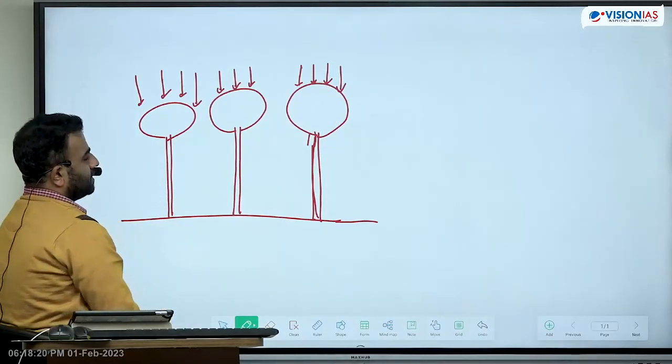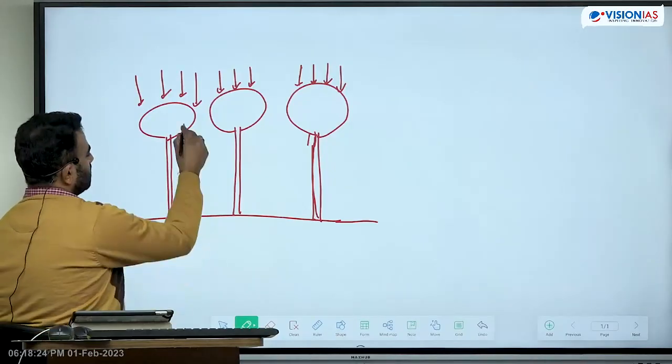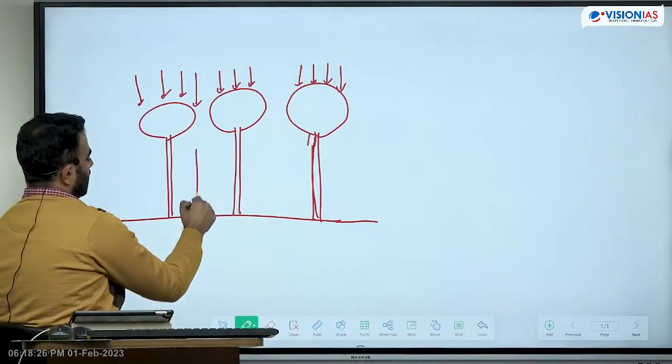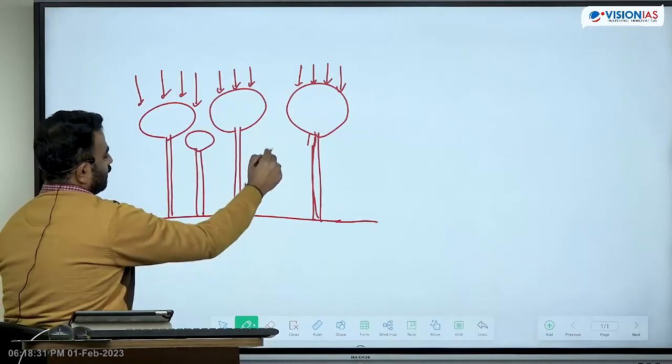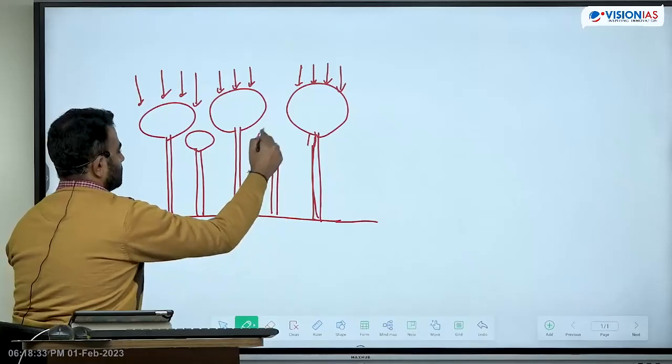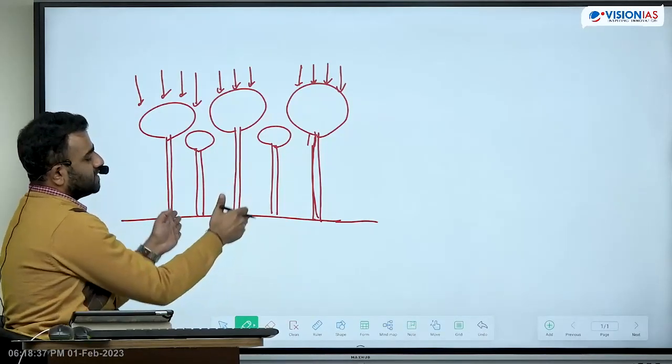What about the other trees which are not capable of growing that tall? After this, there is a gap in between, you see here. To trap sunlight, another layer of trees comes here. There is another species which grows to this height only, but it will come exactly in between these two.